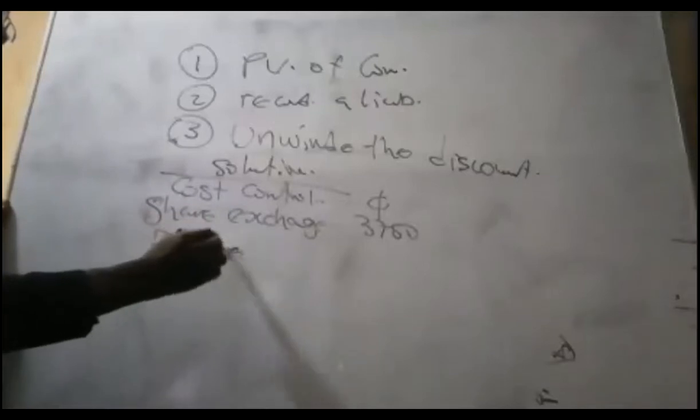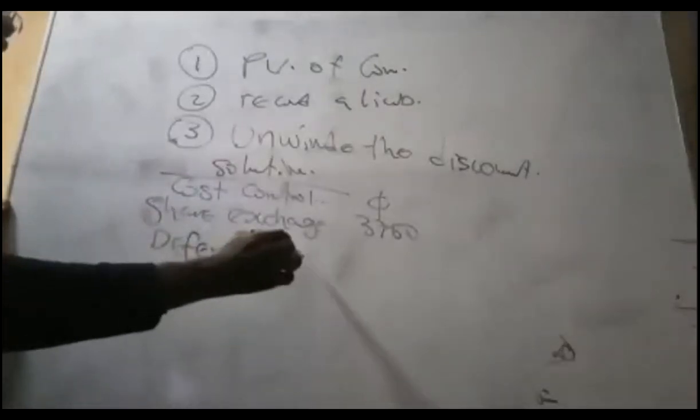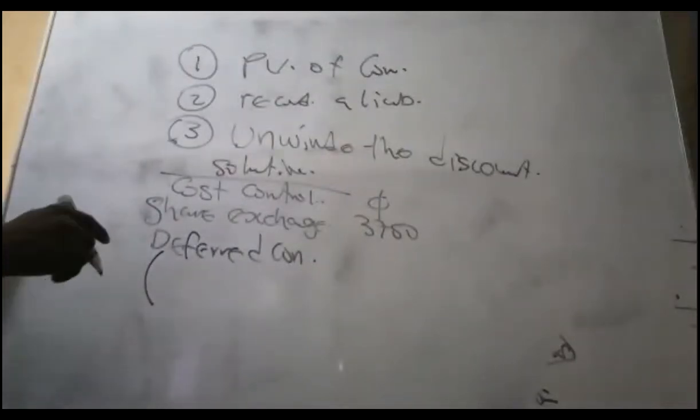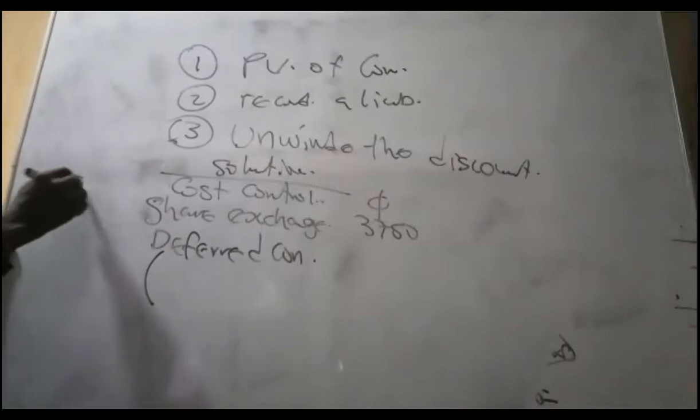So deferred consideration. Open your bracket, find the present value. You are done. What's the present value of this deferred consideration? The present value formula, this is the second time for us to state this, is equal to the future value divided by 1 plus the cost of capital, that's the rate, all to the power of n, when exactly you are paying it.